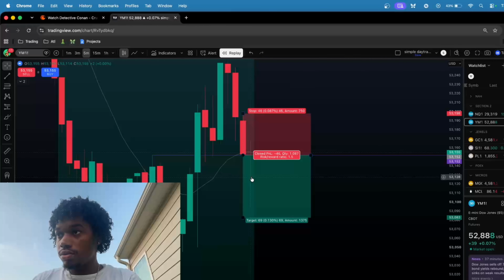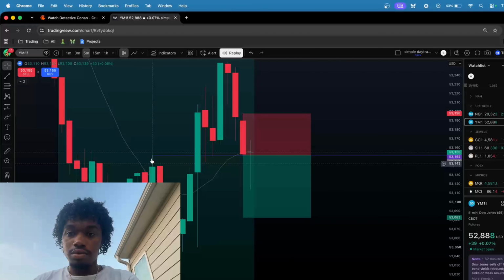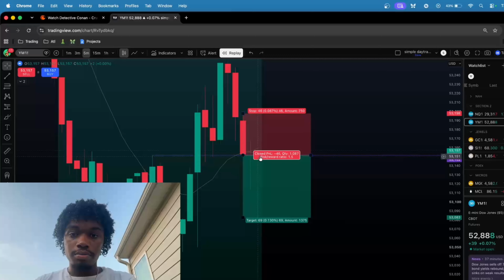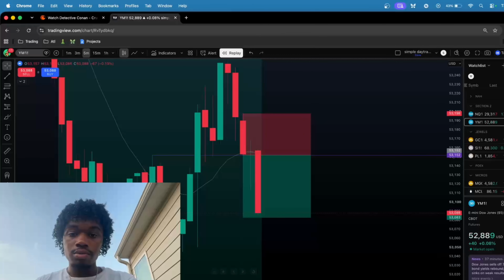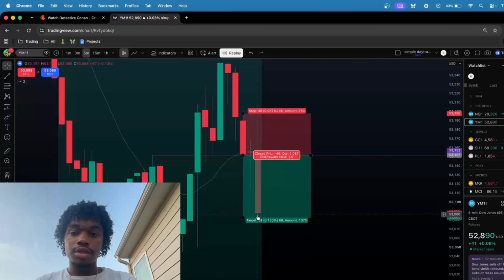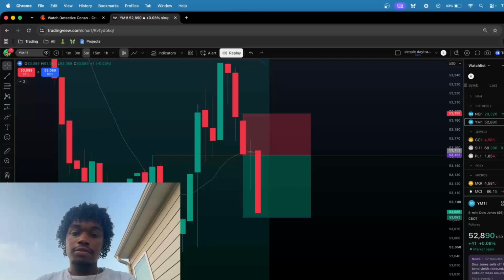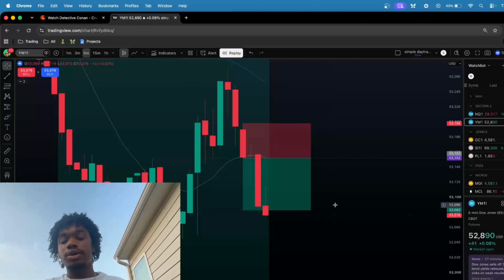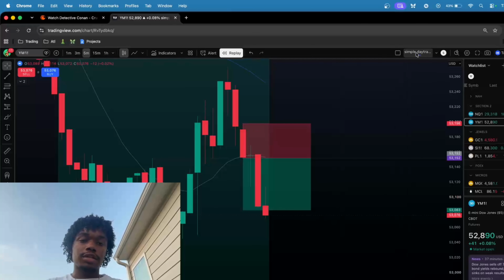So sorry, I have my cat out here too. Well, my cats. So yeah, this one ended up hitting our entry point right here. Boom. And then this was a nice candle, and then after that we won. So we had a little profitable day, nothing crazy, but this was a solid trade as well.